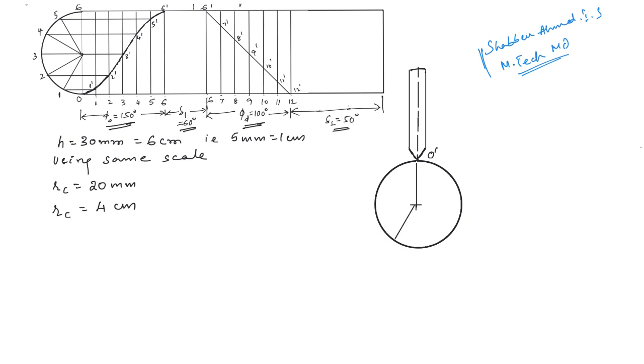You draw one line like this at 150 degrees. Then from here you mark the next dwell angle, that is 60 degrees.